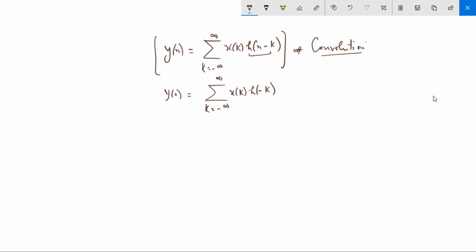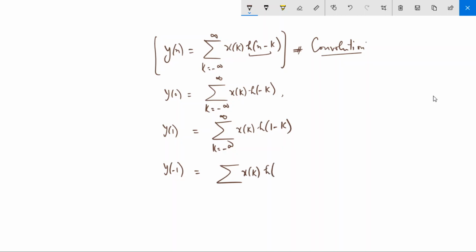If you find the response at n equal to 1, you will get summation of x of k into h of 1 minus k for entire k. If you find it at n equal to minus 1, it will be summation of x of k h of minus 1 minus k from minus to plus infinity.